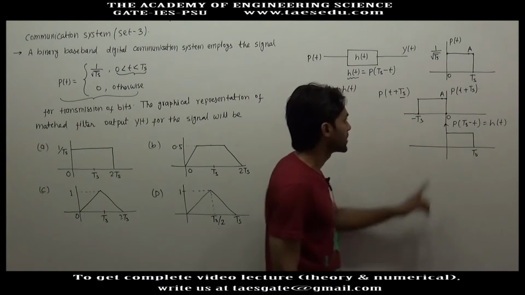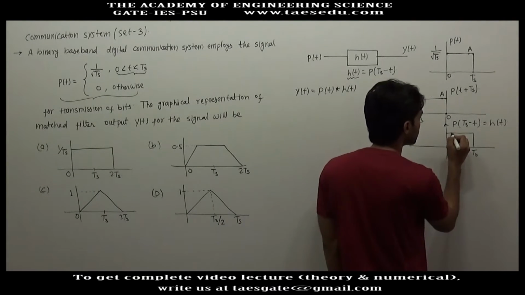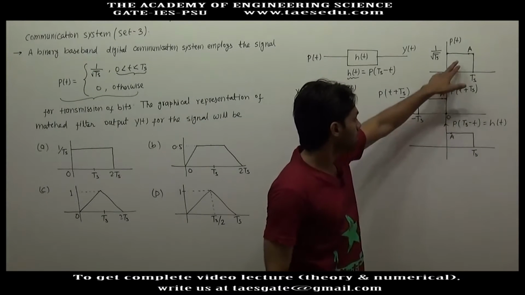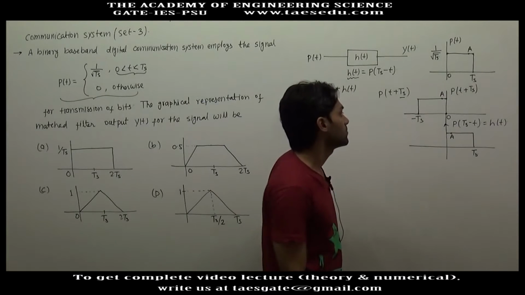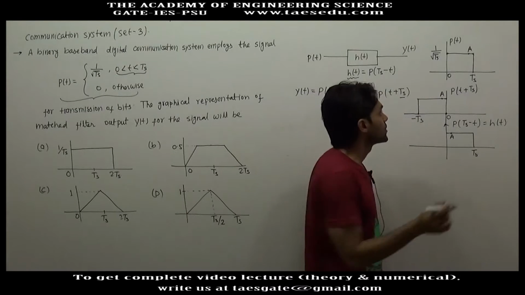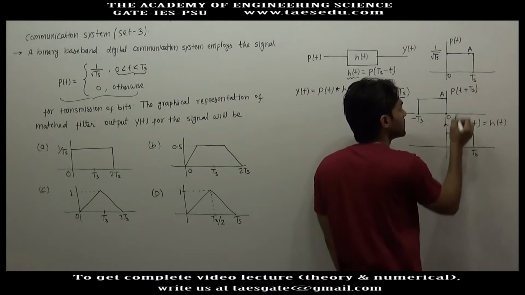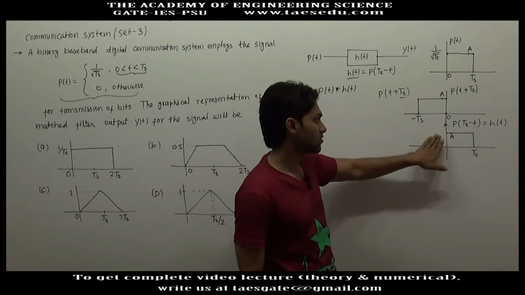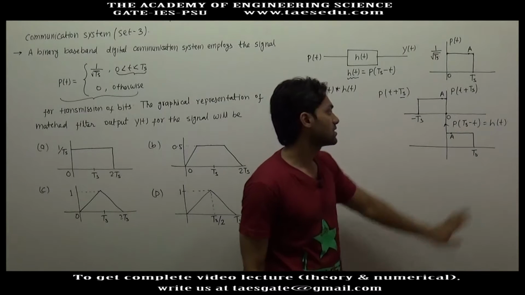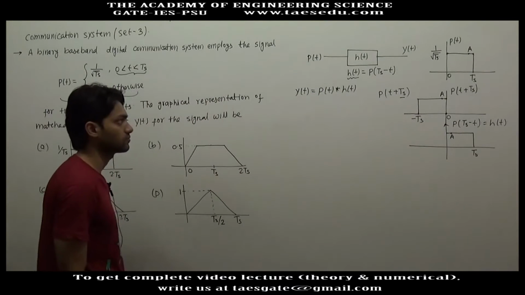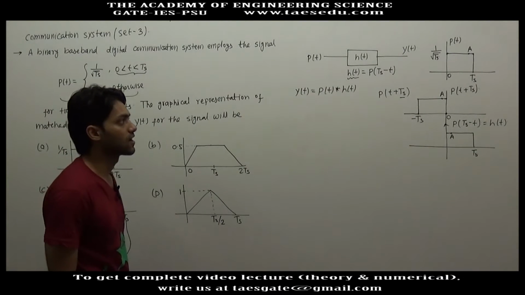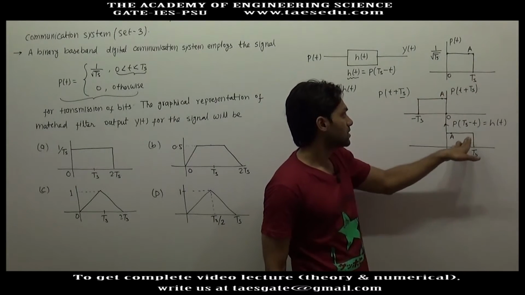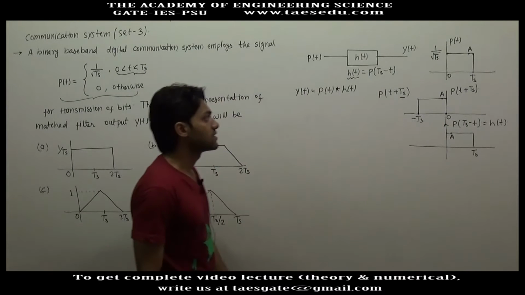Now when you take the mirror image, where will be the point? Point A is here. So although these two graphs appear to be the same, if you compare the position of point A, it is different. So this graph is not p(t), this is p(Ts - t). And due to symmetry, the graph is symmetrical from this point to this point. Due to this reason, these two graphs appear to be the same.